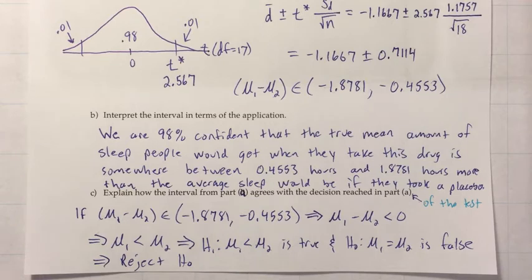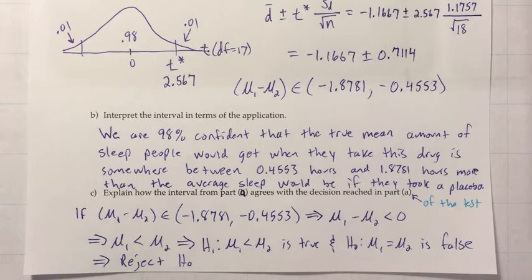So this is what I always like to do for this type of question, is just start off with a confidence interval and think about what that means in terms of whether H0 or H1 is the true claim. And once I sort out whether H0 is true or false, I can think about whether I should reject it or not. And then at the end, I want to go back and say, is that really what we did?